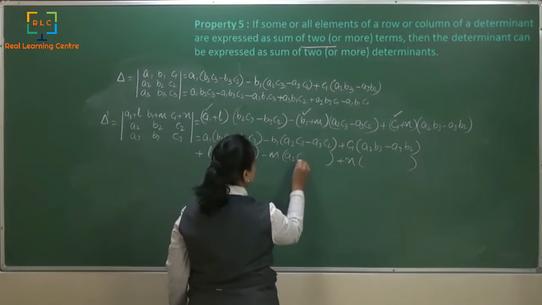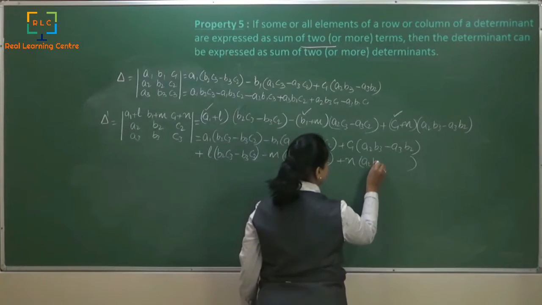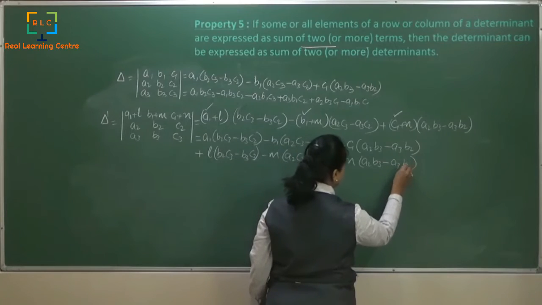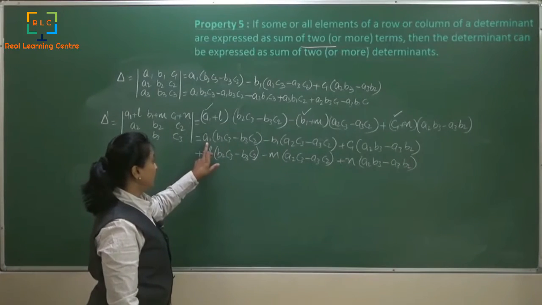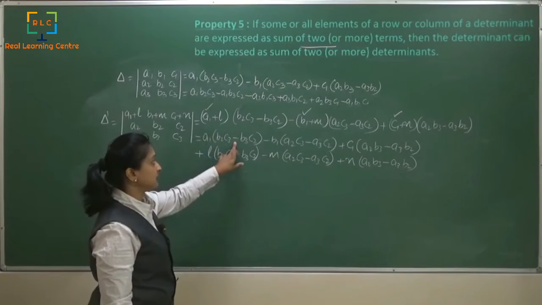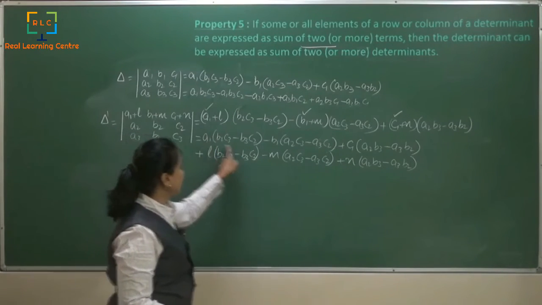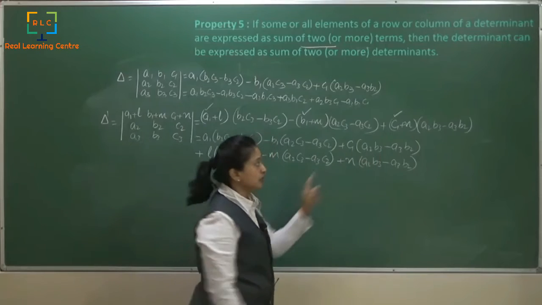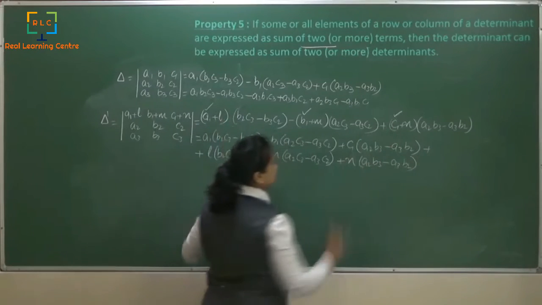This will be A2 C3 minus A3 C2, and this is A2 B3 minus A3 B2. Now what happens? If this is multiplied inside, I know I am going to get the delta value, is it not? But this much is the expansion of this actually.